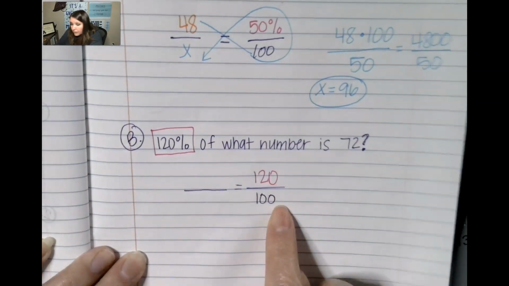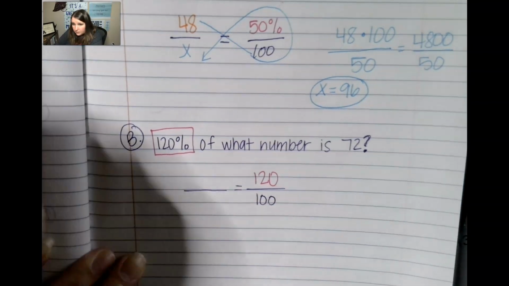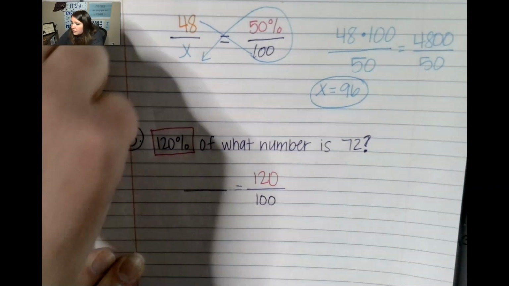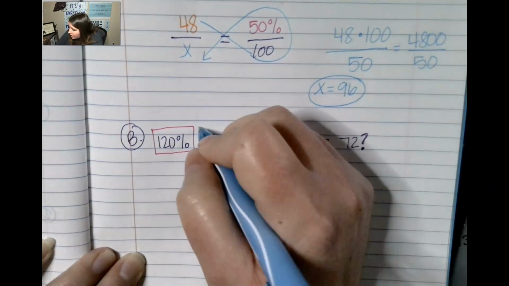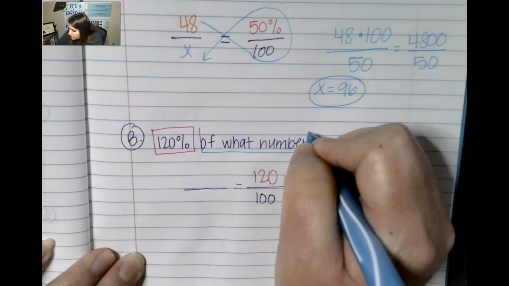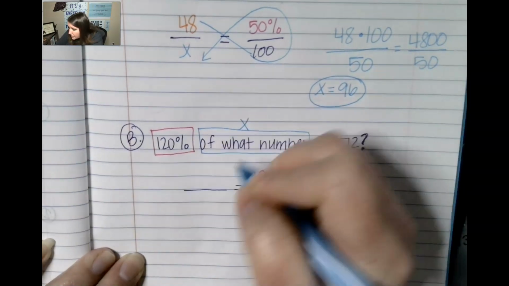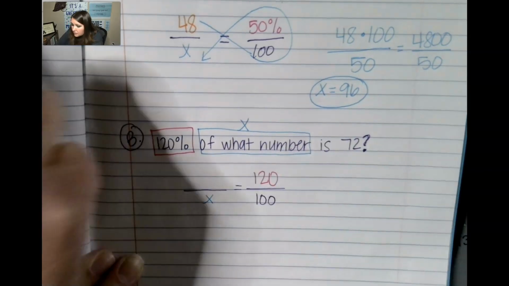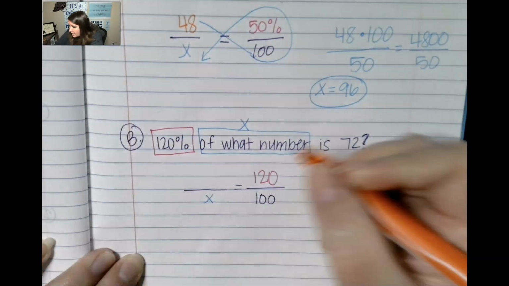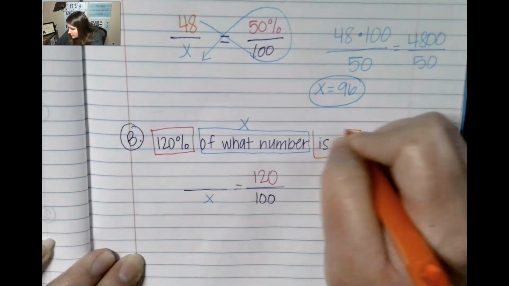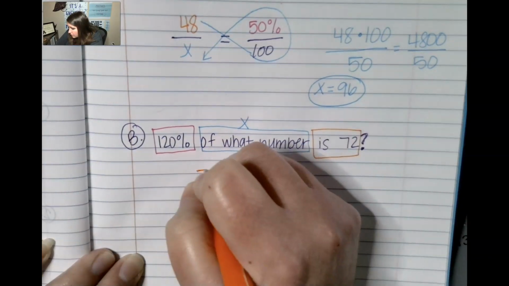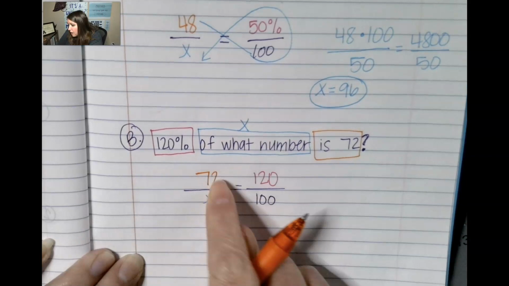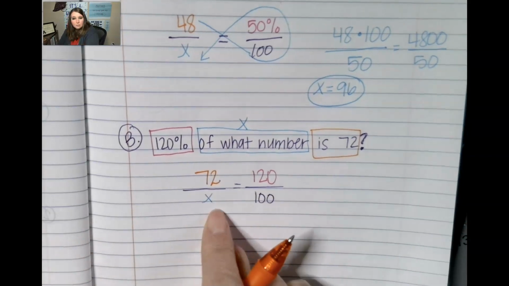Ooh, notice that's bigger than 100. Interesting. All right. Of what number? We don't know what of is, so we're going to use an X. And is 72. So 72 is just part of the missing number.